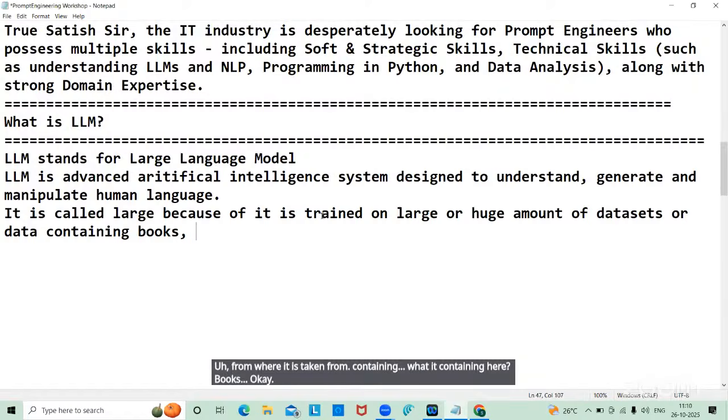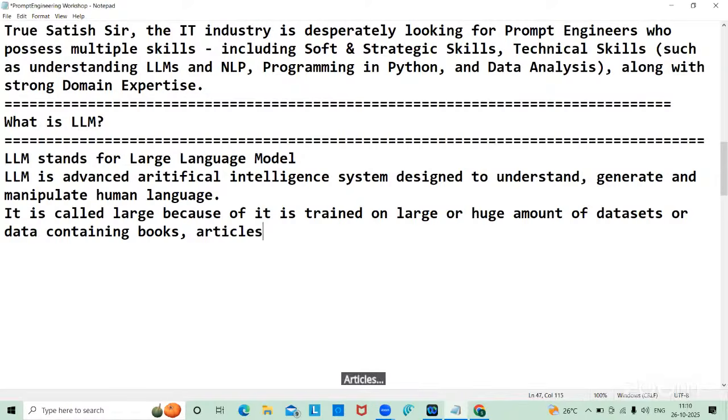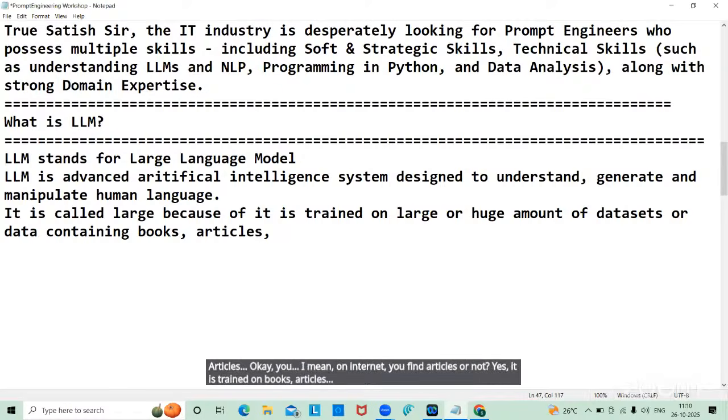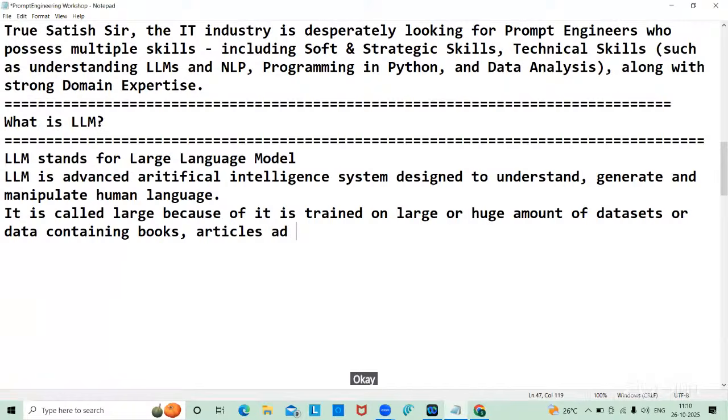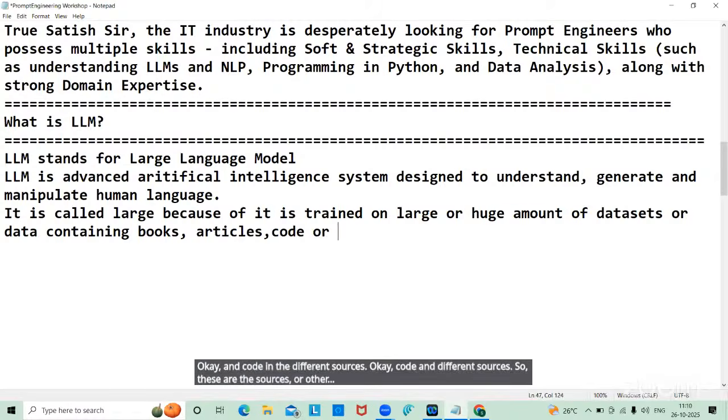Okay, on the internet you also find articles. Yes, it is trained on books, articles, and code, and different sources. So these are the sources.